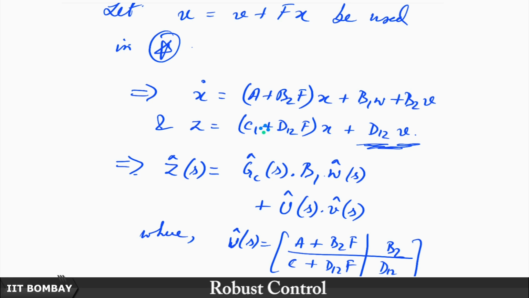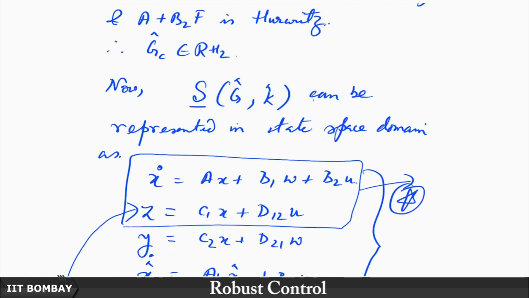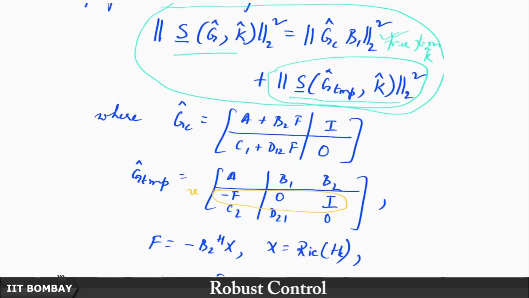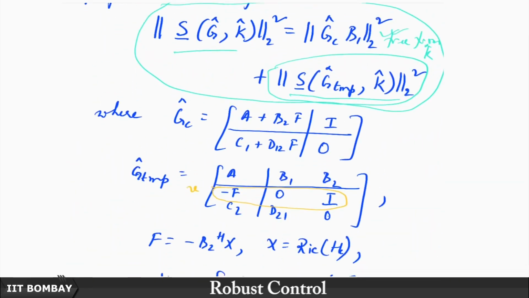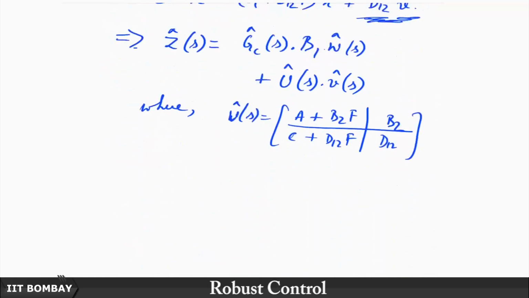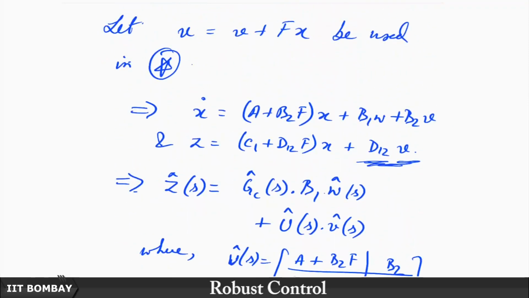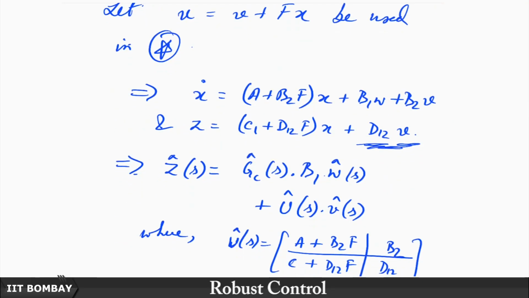It will contain this as the A matrix, this B1 as the B matrix, this C1 plus D12 F as the C matrix, and 0 as the D matrix. But that is exactly nothing but G_C, the way we have defined this G_C hat in our statement of the theorem.